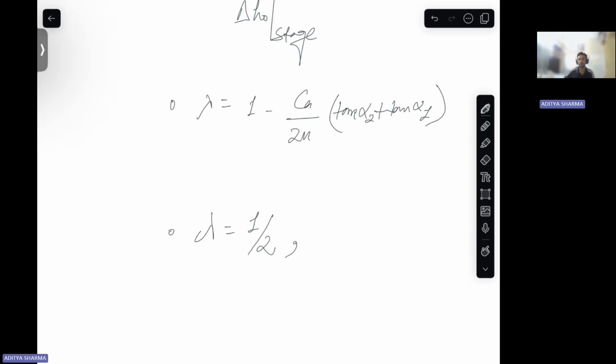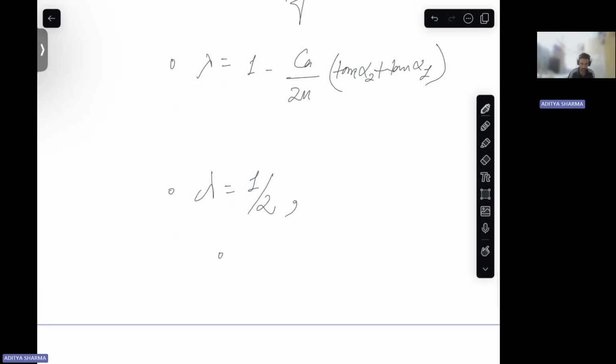In that case, what can we comment about the blade angle and fluid angle? From velocity triangles, we can easily deduce this. So I'll just directly write this down.